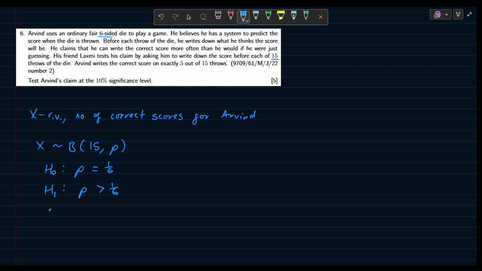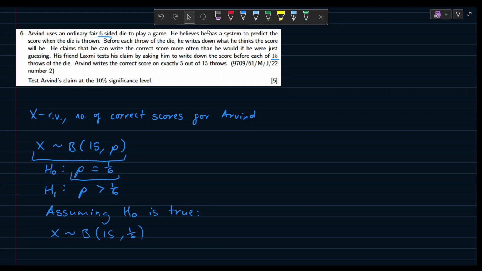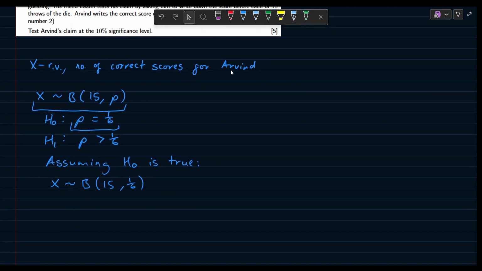Alright, so assuming H0 is true, we can define this distribution. X follows a binomial distribution, 15 with the probability of 1 over 6. And this is going to be a test at the 10% significance level. So let's create a rejection rule.